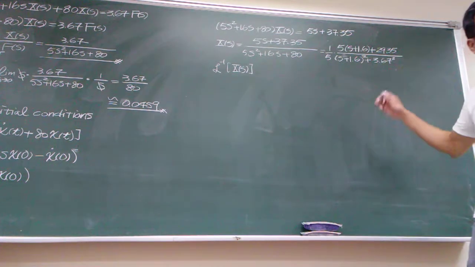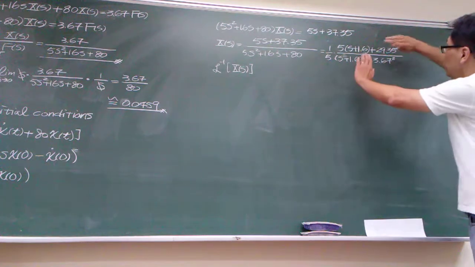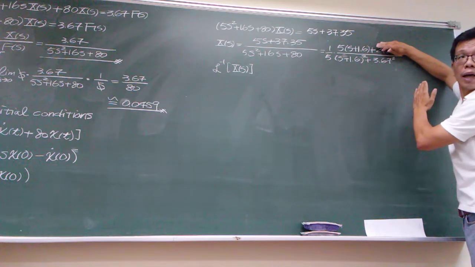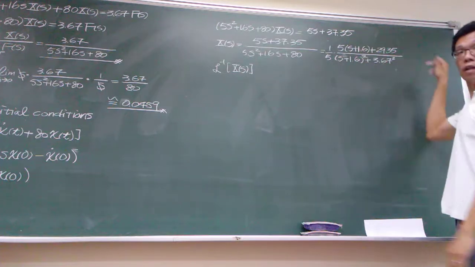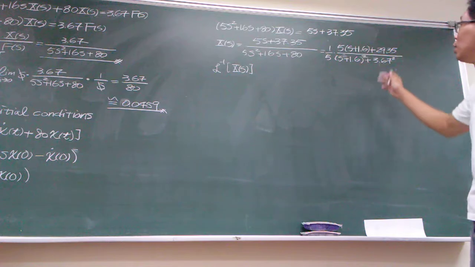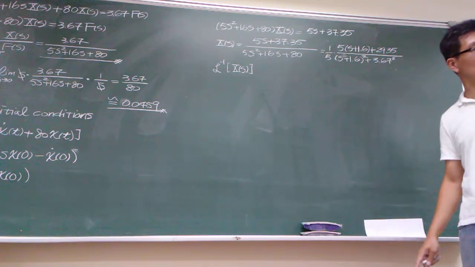But why do I want to do this one? It is because if you put this one away, this part is sine. If you block this side, what do you get on the other side? Cosine. So if you do the inverse Laplace transform, you can know it is going to be a combination of two terms. One is sine, the other one is cosine.